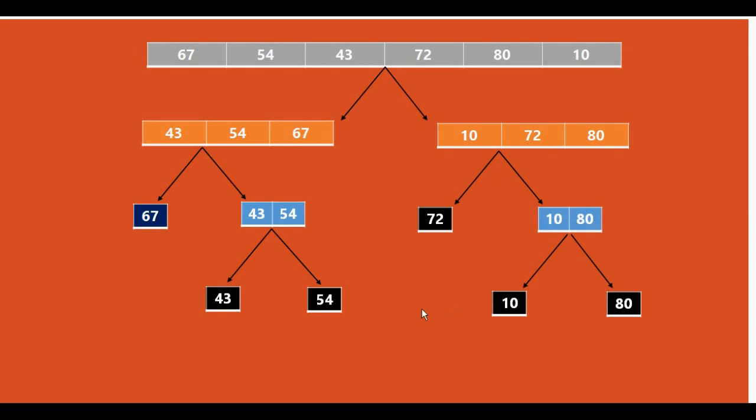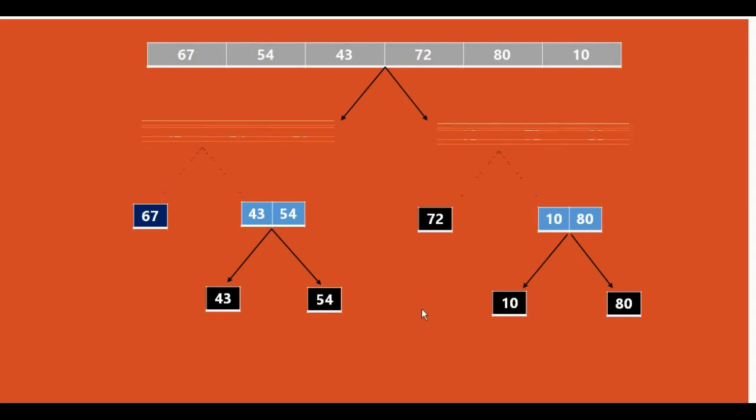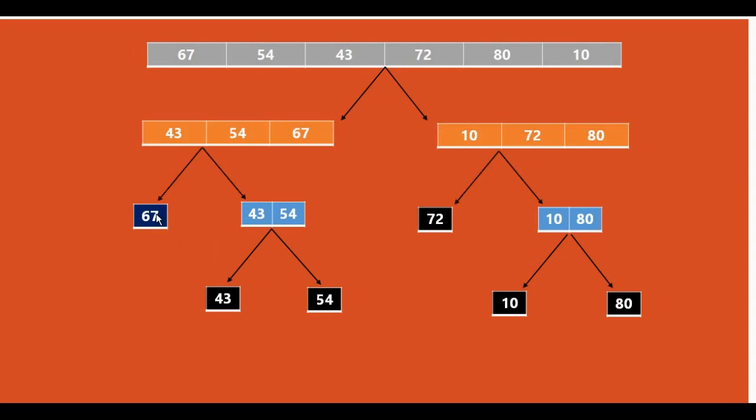So now sort this and merge this. It looks like this. After merging, this becomes 43, 54 and 67, a sorted list, and this becomes 10, 72 and 80. We will apply the same technique on these two arrays.